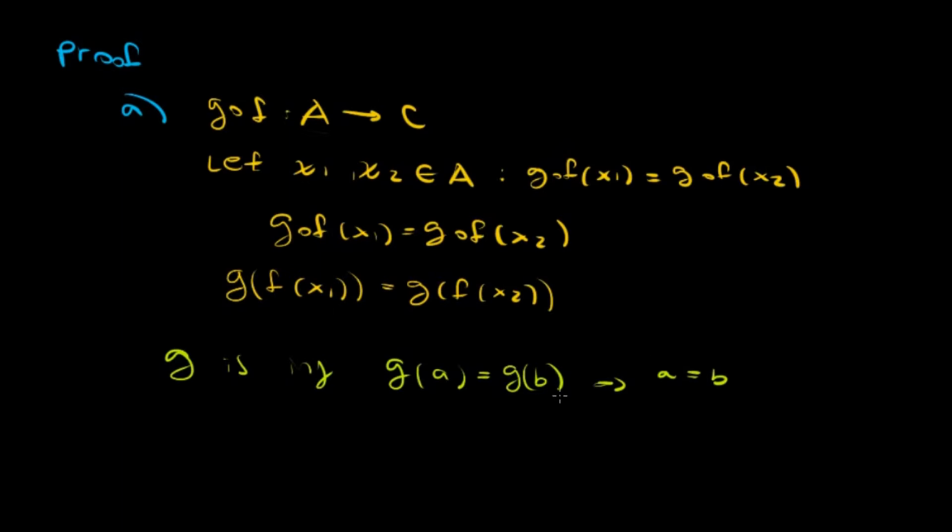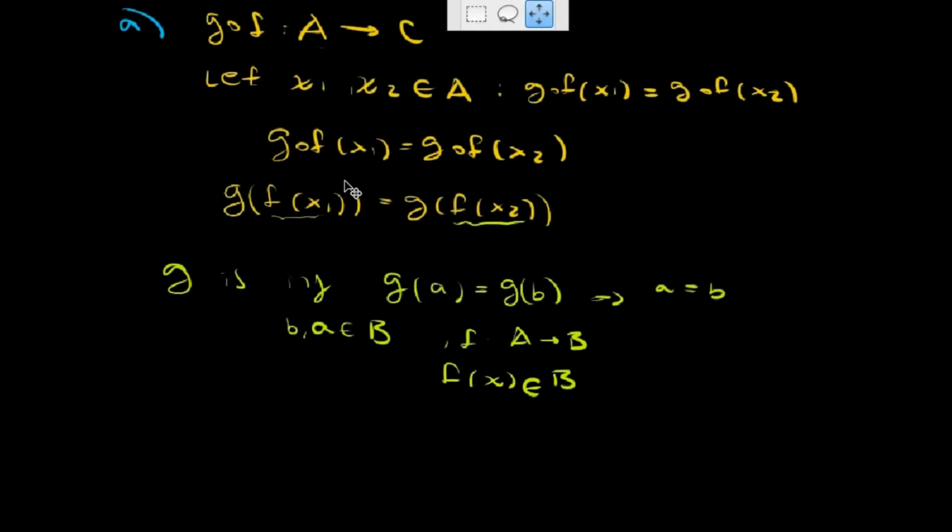Well, in particular, it's valid for f of x1 and f of x2, because in this case a and b both are elements of B, and f was a function from A to B. So f of x is an element of B. Then this is valid for f of x1 and f of x2.